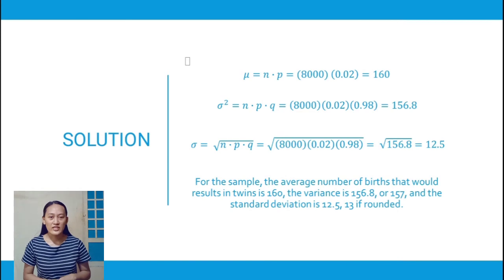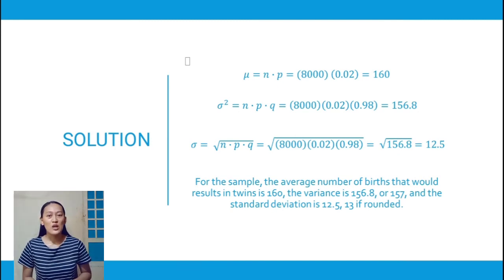Again, just substitute each value. Mean is equal to 8,000 times 0.02. The answer is 160. Next, variance is equal to 8,000 times 0.02 times 0.98.